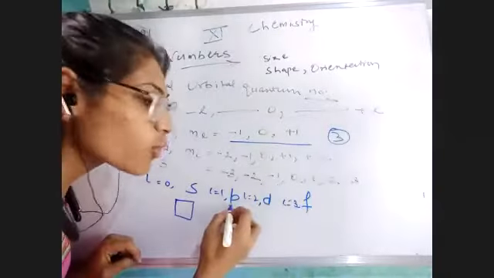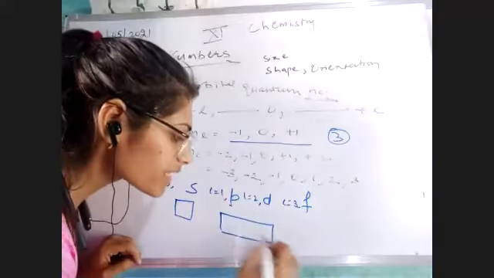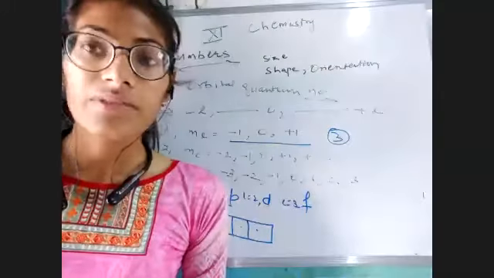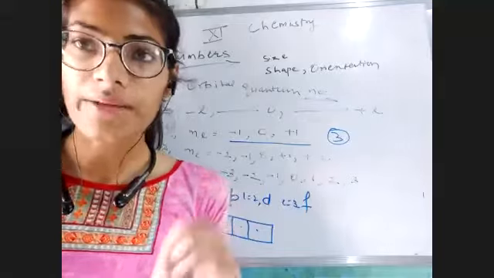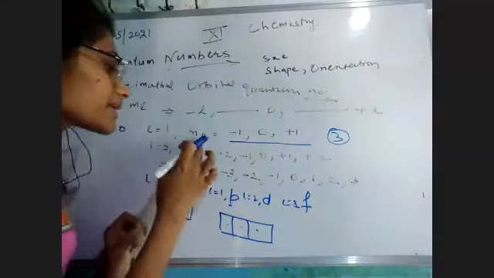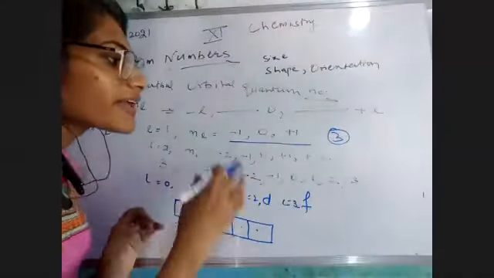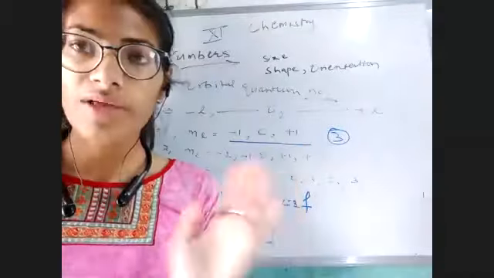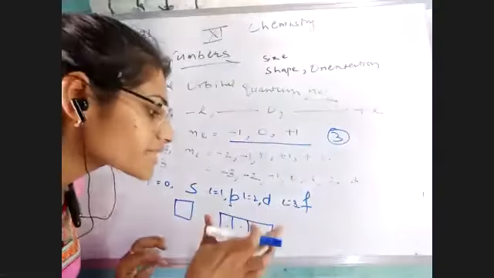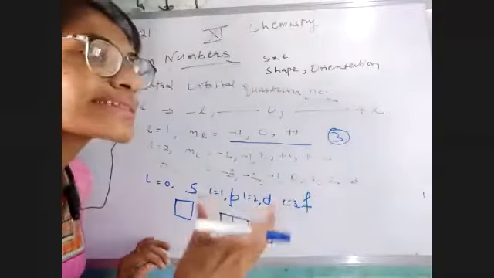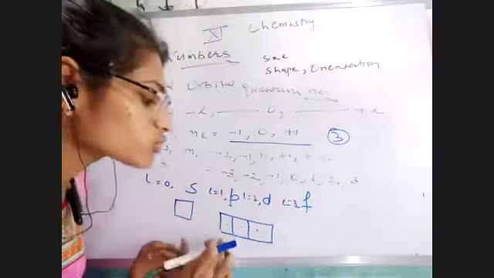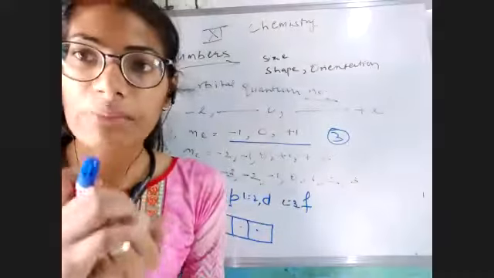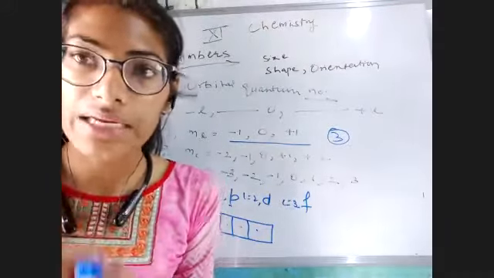So for P, there must be 3 different orbitals in which our electron can be filled. This is a super important and super easy topic. The L value and ML values can be represented on this basis. Suppose we have 3 values, we have 4 values and so on. On this basis, we can easily explain that P has three orbitals, three subshells in which electrons can be arranged.